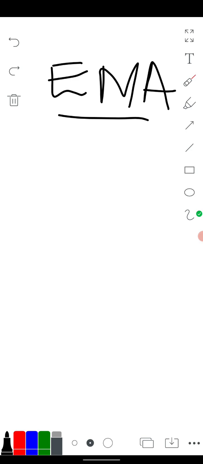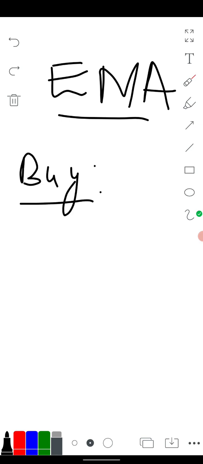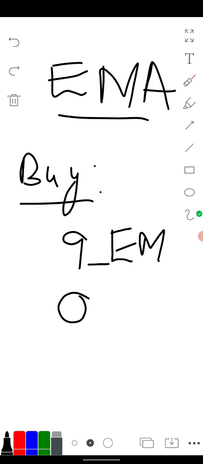Now in this EMA, in this moving average, we are applying an exponential on moving averages. That's why it is called exponential moving average. And let's concentrate on the buy position. We will be having some types of EMA. Similarly, in SMA we have 9 and 0 also. 9 means 9 EMA. 9 is nothing but the last 9 close prices of that particular stock or particular crypto asset.